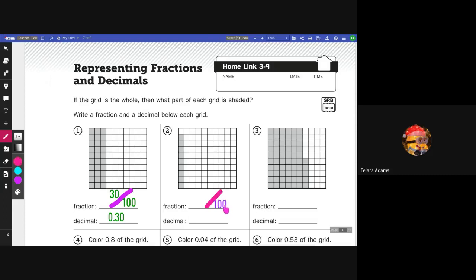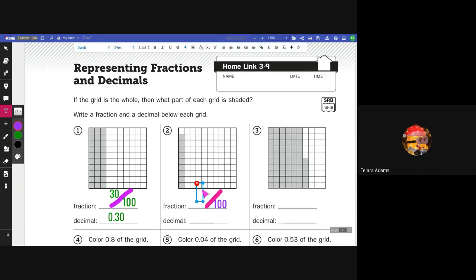What about my numerator? What is my top number? Yes, 9, because I have 9 shaded squares. 1, 2, 3, 4, 5, 6, 7, 8, and 9. 9 is my numerator, my top number, because I have 9 shaded squares.